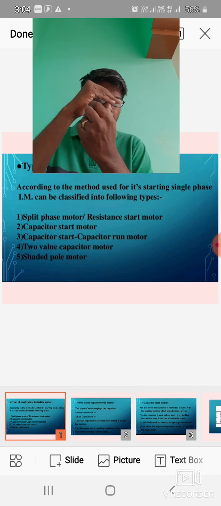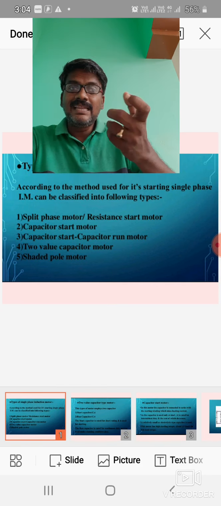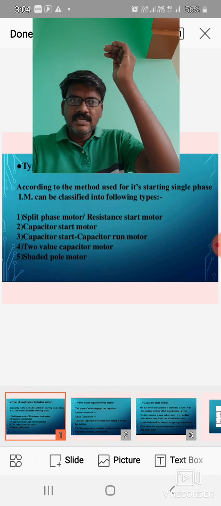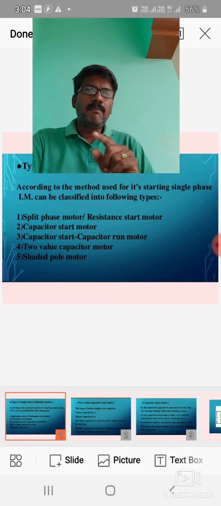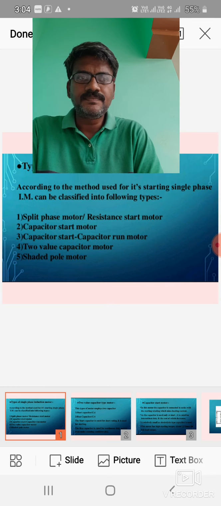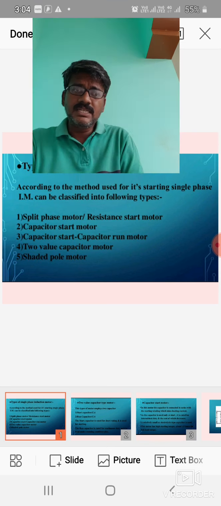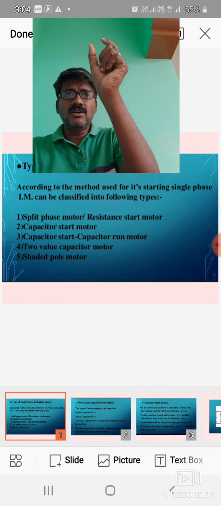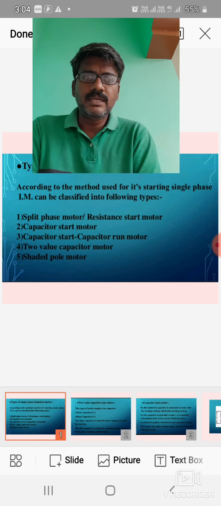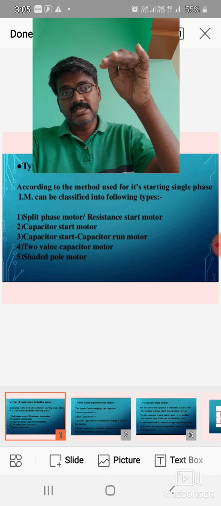In that slot we place a copper coil, right? That copper coil increases and decreases the main field flux based on the applied sinusoidal supply. When current increases, flux increases, and when flux is constant, the induced EMF in the ring is zero. When the current decreases, the flux decreases, right?